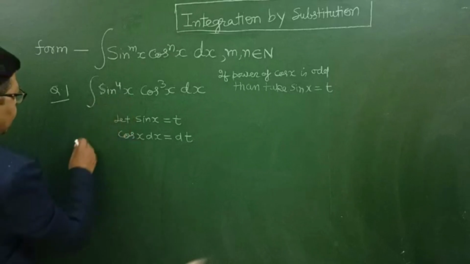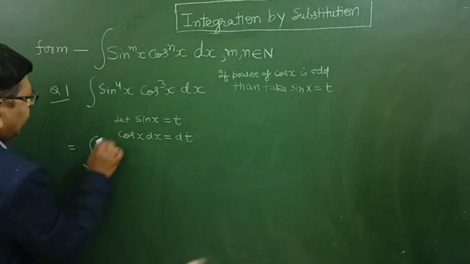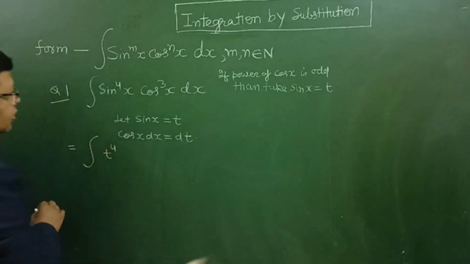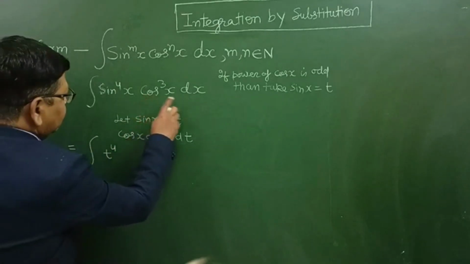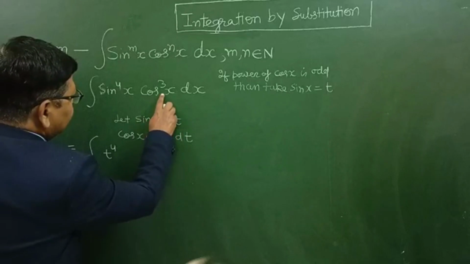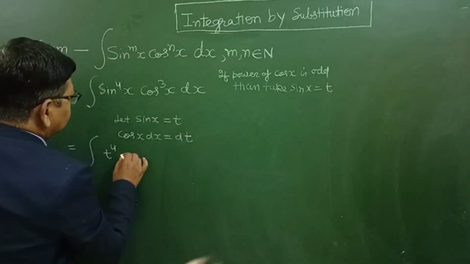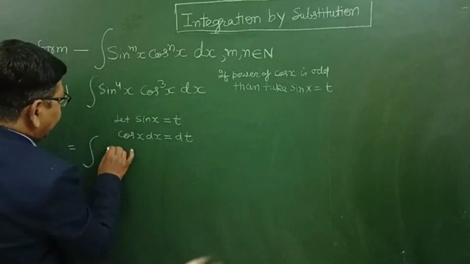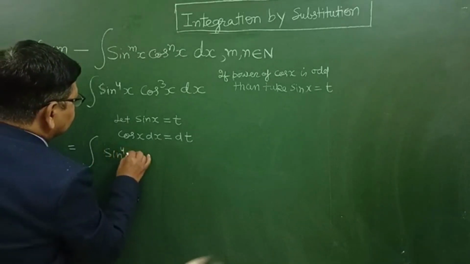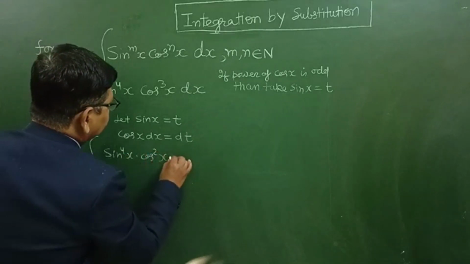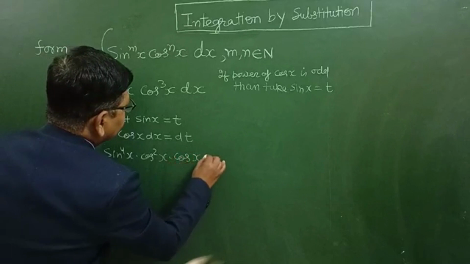Now in the integral, replace sin x by t, so t raised to the power 4. And here cos^3 x dx, separate one cos x from here, so you can write cos^2 x. So write sin^4 x into cos^2 x into cos x dx.